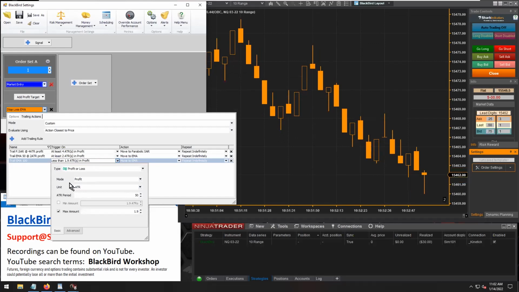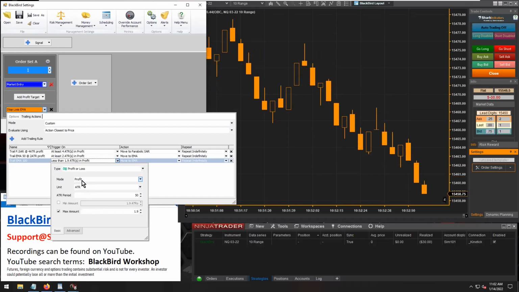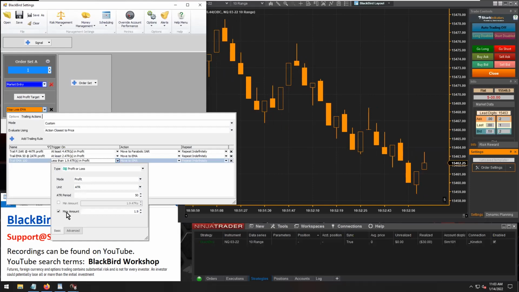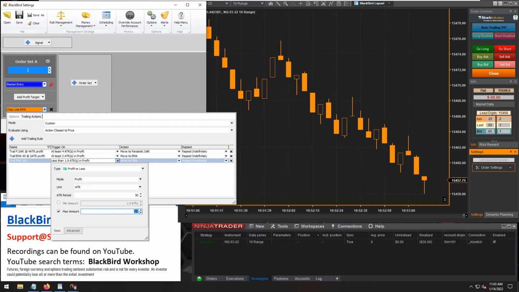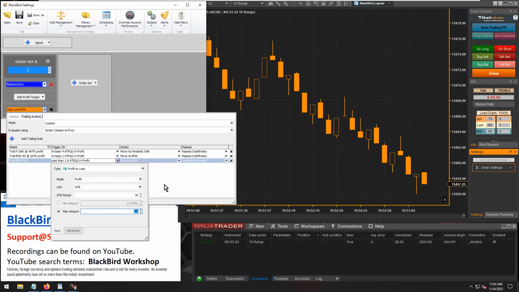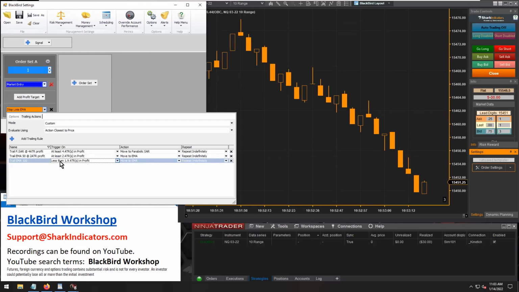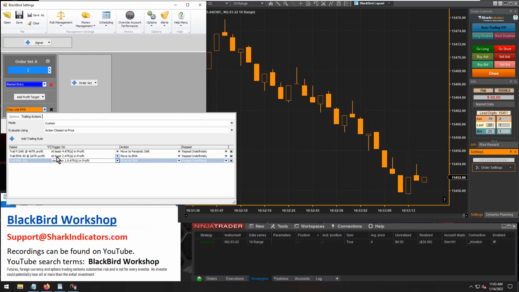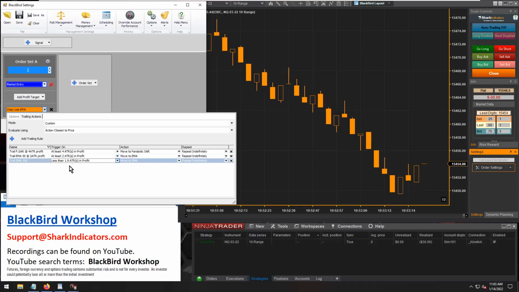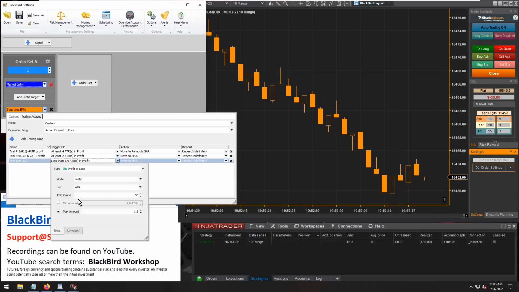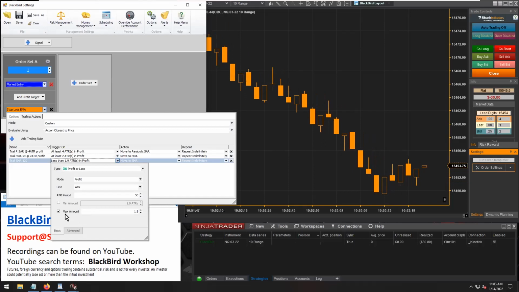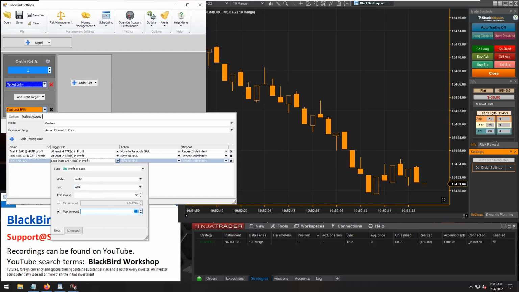So as long as the profit has a maximum amount of 1.9 ATRs, then keep trailing the EMA 100. And so as soon as the trade achieves 2 ATRs of profit, well, 2 ATRs of profit is more than the maximum amount allowed here, which is 1.9, right? So this is a maximum amount of profit allowed.